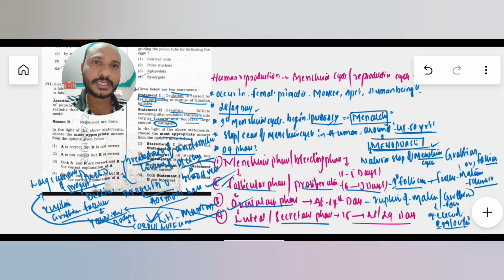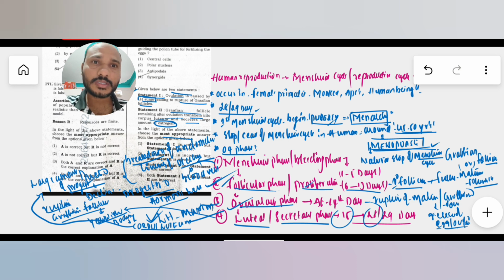This turning of the Graafian follicle into corpus luteum occurs during days 15 to 28. During these days we don't have a Graafian follicle; instead we have a yellowish body structure called corpus luteum, which produces a large amount of progesterone hormone.